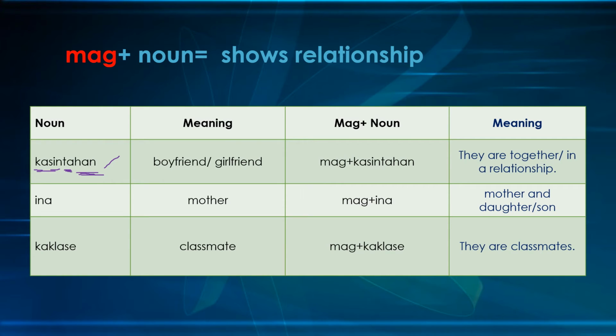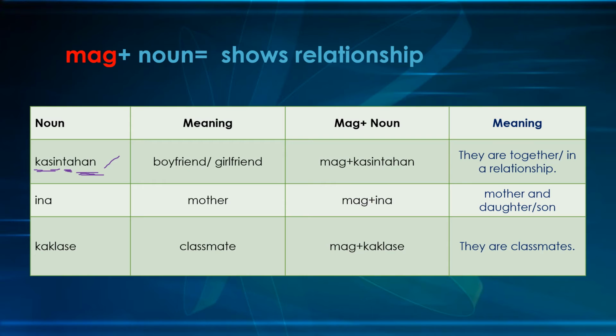And it means boyfriend or girlfriend. By adding mag at the beginning, we have a new word, magkasintahan. It means they are together or they are in a relationship.